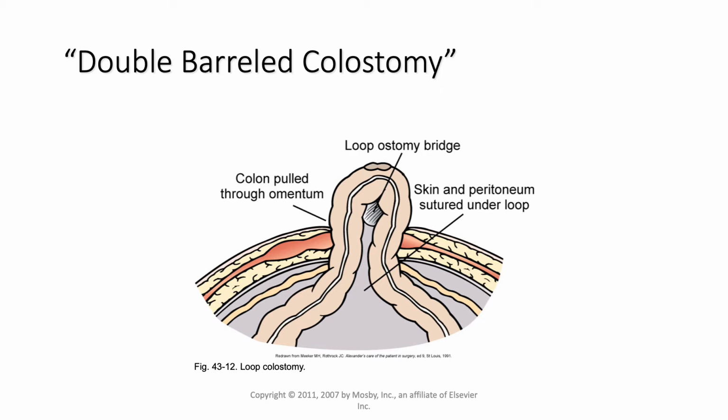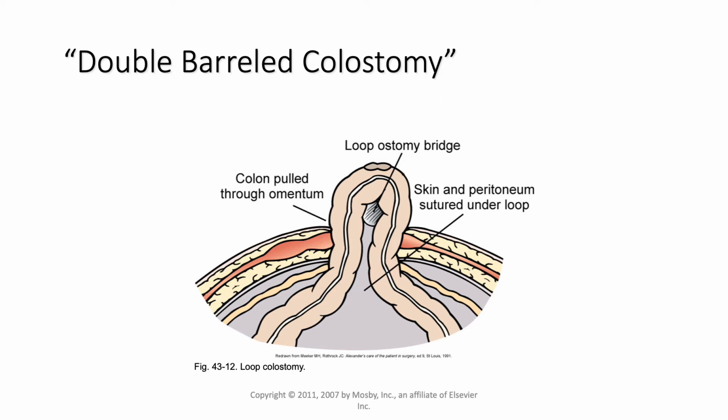The proximal point, of course, would have intestinal effluent or stool coming out. The other side is just brought to the surface and left there. It might have a little bit of mucus drainage, but of course, that part of the colon won't be working at this point. That part of the colon just goes from that colostomy point to the rectum without anything going through it. It just rests.